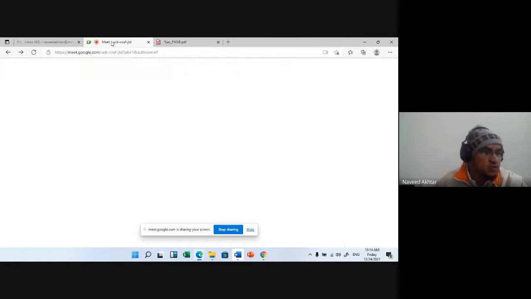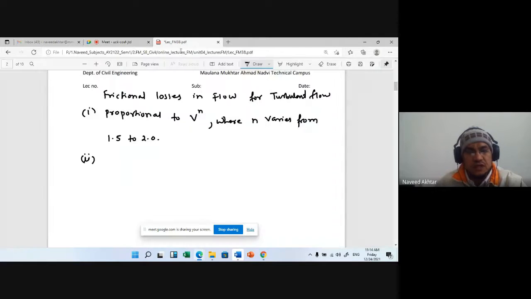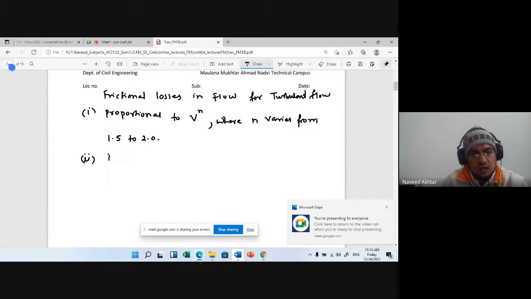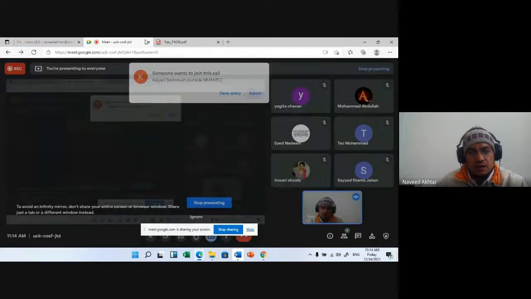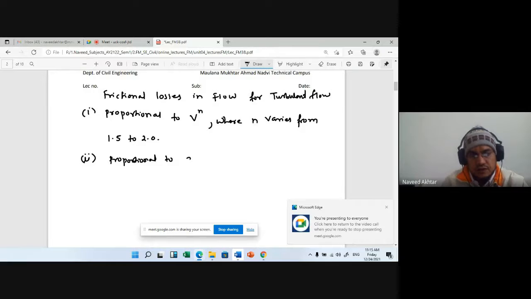It is also proportional to the density of the fluid.